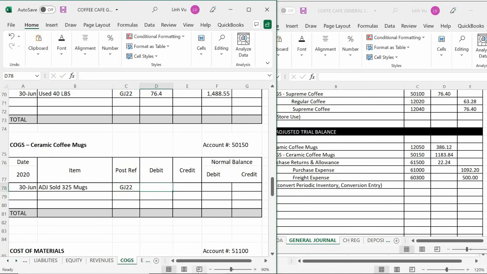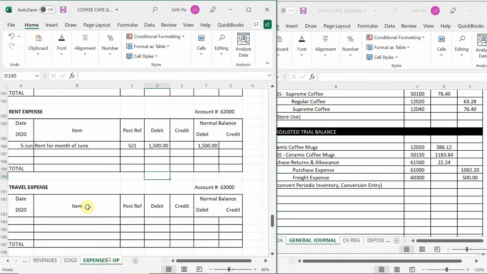For a total of $1,183.84. Okay. We have to debit our purchase returns and allowances.